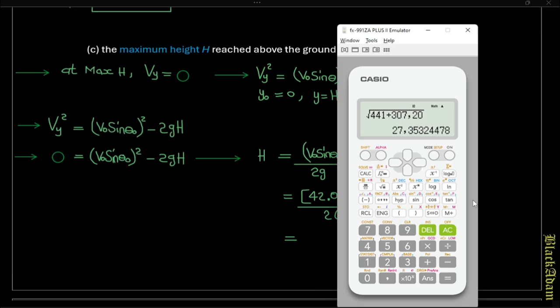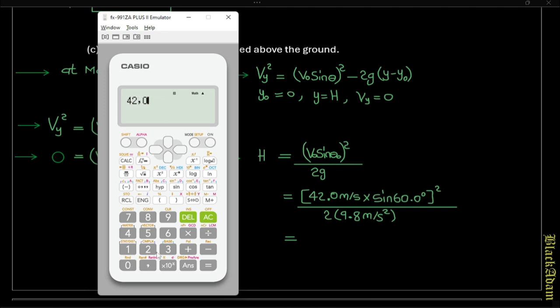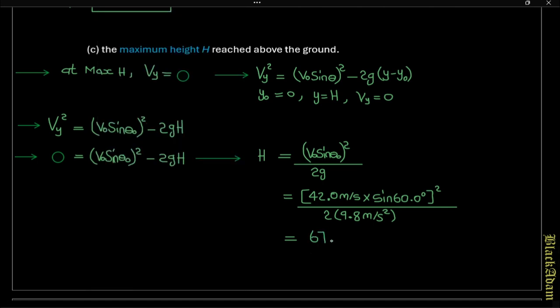And then using a calculator, it's 42 times sine 60, and squaring that gives 1323, divided by the product of 2 times 9.8, gives us 67.5. So 67.5 meters. That's our final answer.